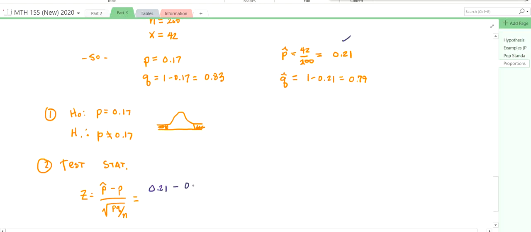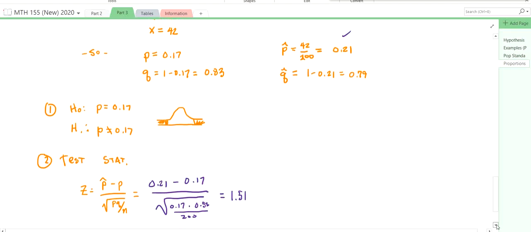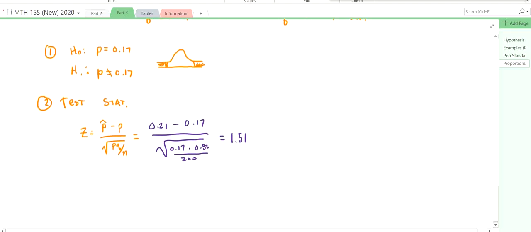Minus P, 0.17, over the square root of 0.17 times 0.83 divided by 200. Okay, you do the math here. This equals 1.51 approximately.